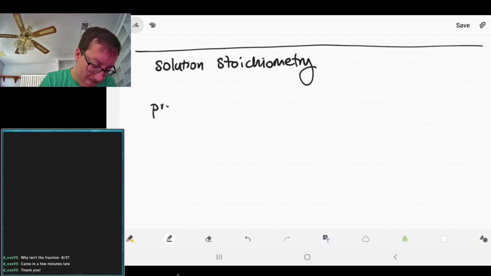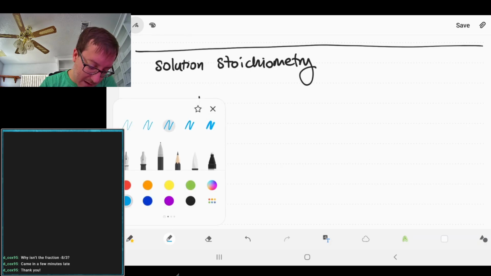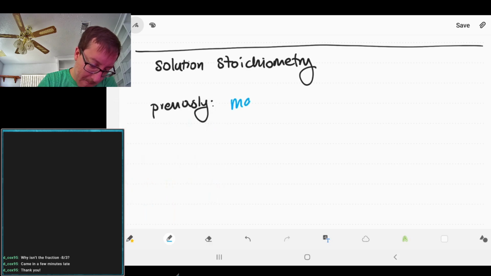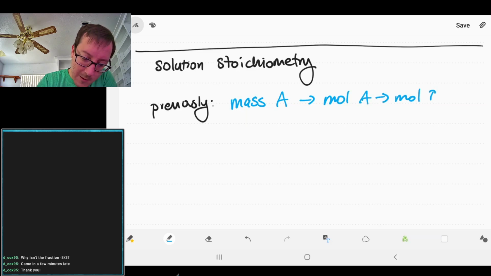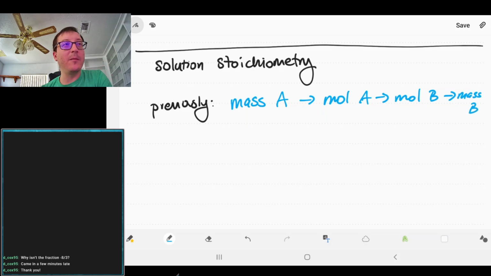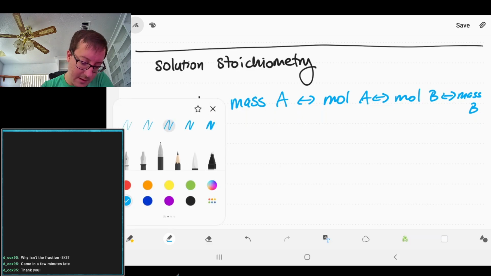Previously, we had kind of a basic unit plan, and this could actually be interchangeable. We could go either direction on this, of course. And we saw that we would use the molar mass to go between the mass and the moles.